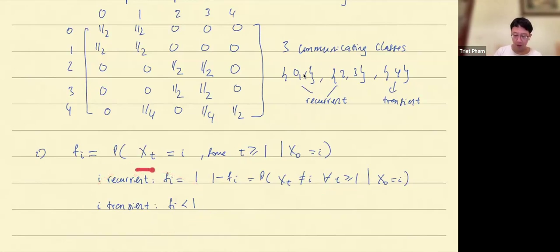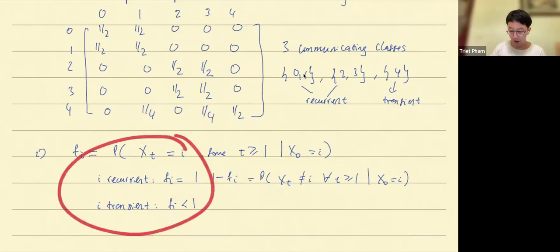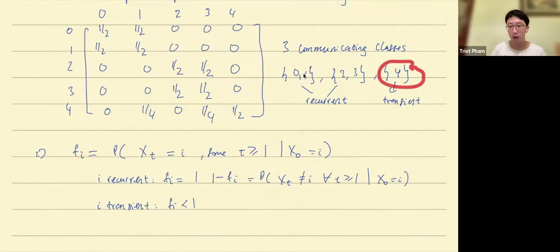Whether you're guaranteed to return or there's some chance that you will never return, because if f_i is less than 1, then 1 minus f_i is positive. So, okay. Again, intuitively, we see that under this definition, state 4 or class 4 is transient, and these two classes are recurrent.